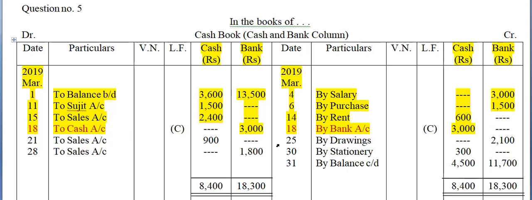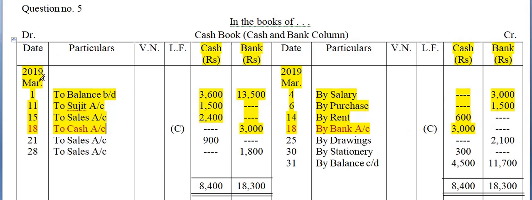As you can see out here, we will write to cash account, but we will record the entry in the bank column because it's not possible to have an entry like cash account debit to cash account and bank account debit to bank account. It's not possible. So in the credit side we record as by bank account, and the amount will be recorded towards the cash column.